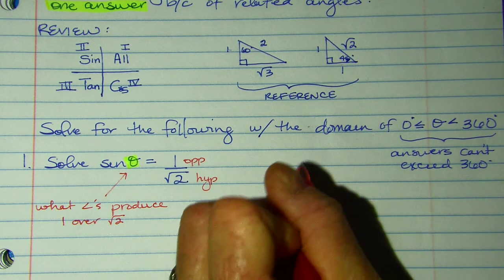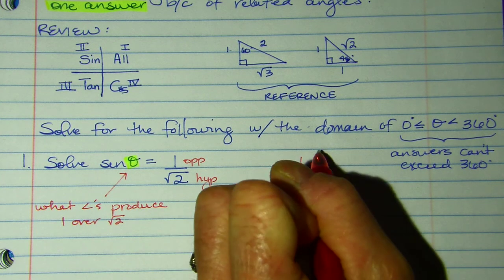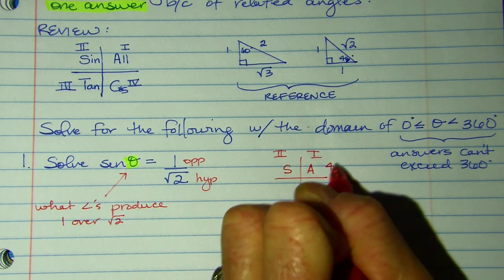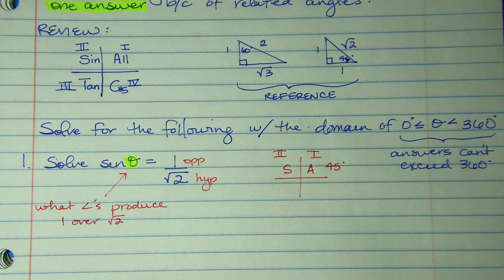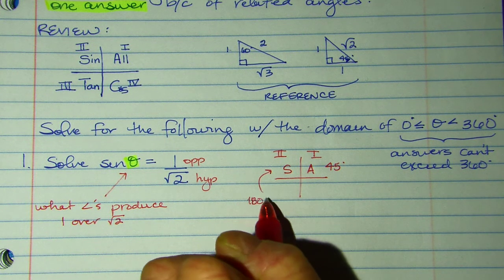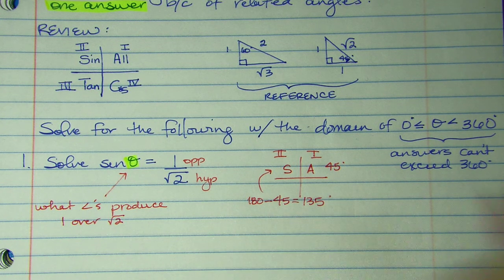I also know that sine is positive in both quadrant 1 and quadrant 2. So in quadrant 1, that would be the 45 degree angle. In quadrant 2, 180 minus 45 degrees would give me the 135 degree angle.